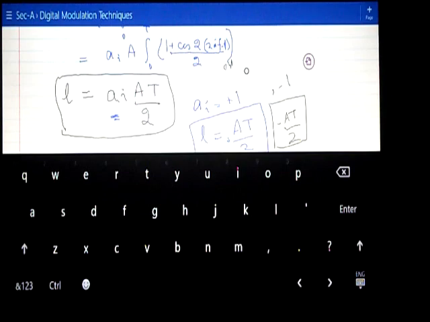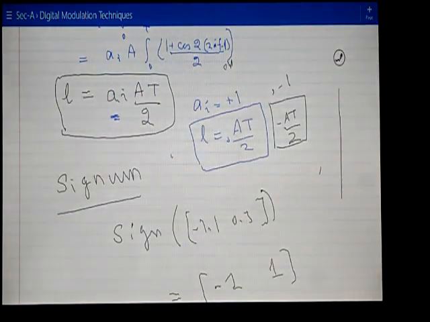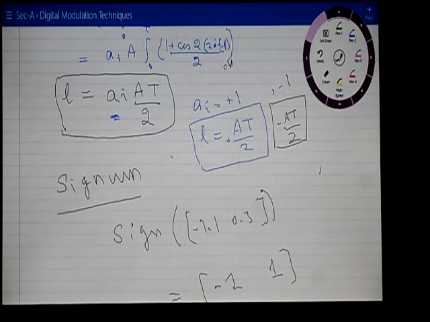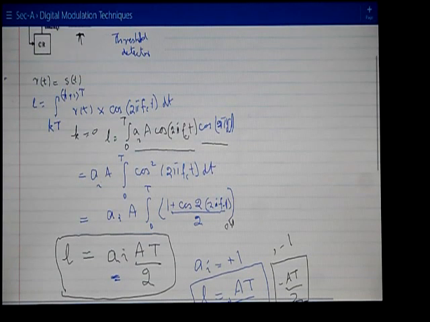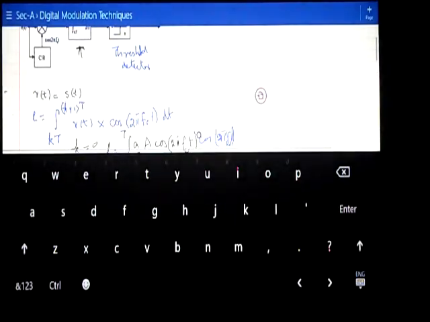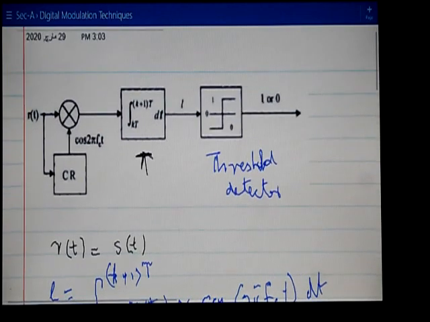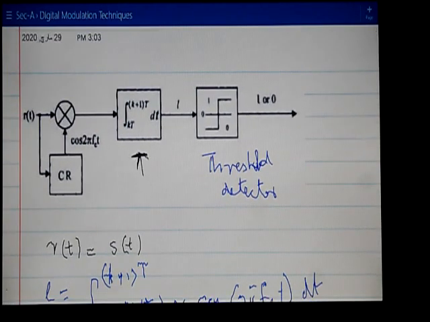It tells you whether the received signal is 0 or the received signal is 1. If you observe this figure, which is the demodulator, we have this threshold detector.